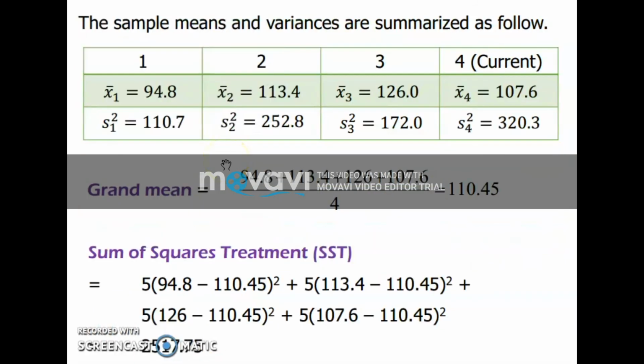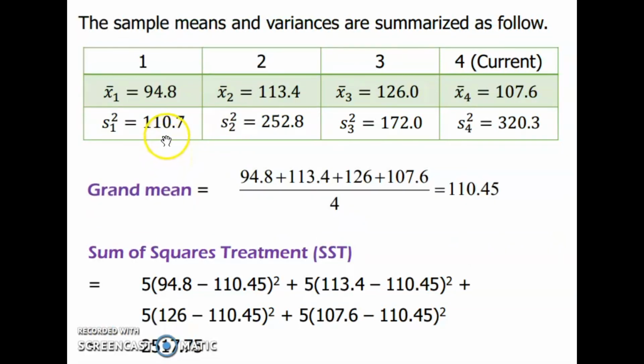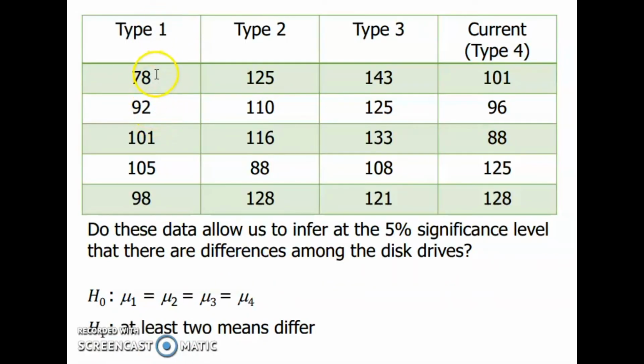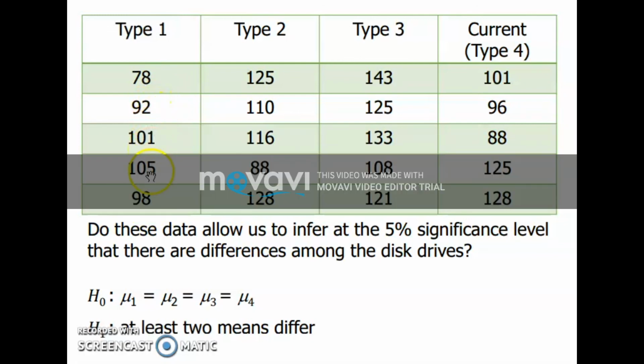To set up the ANOVA table, first you need to calculate the average for each type. From the data, you need to calculate X bar for type 1, type 2, type 3, and type 4. And then you calculate the sample variance for each type. For example, for type 1, you add up 78 plus 92 plus 101 plus 105 plus 98, sum it, and divide by 5.